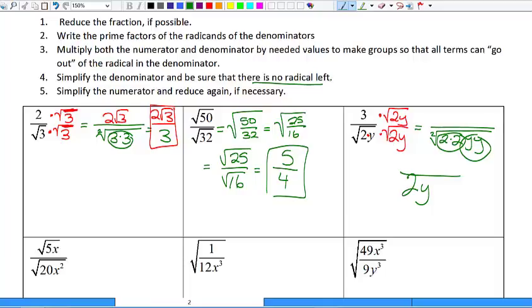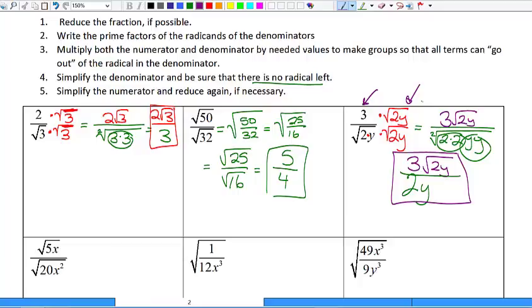Because I multiplied root 2y in the denominator, I have to also do it to the numerator. Now the 3 is outside of the radical, and the 2y is inside the radical, so because they are not in the same place, they can't actually multiply or talk to each other. So think of the 3 as outside of your house, and the 2y clearly is inside the house. If you're outside and your friend is inside, can you talk to them?